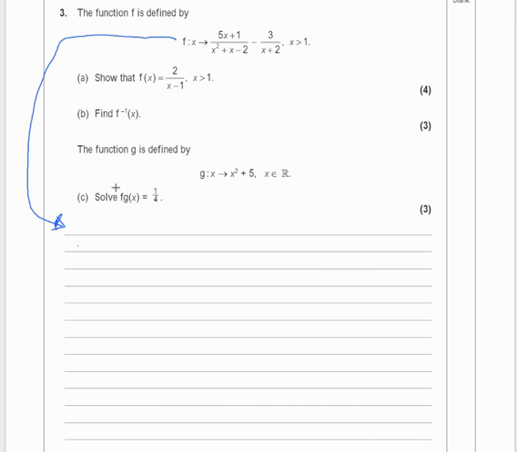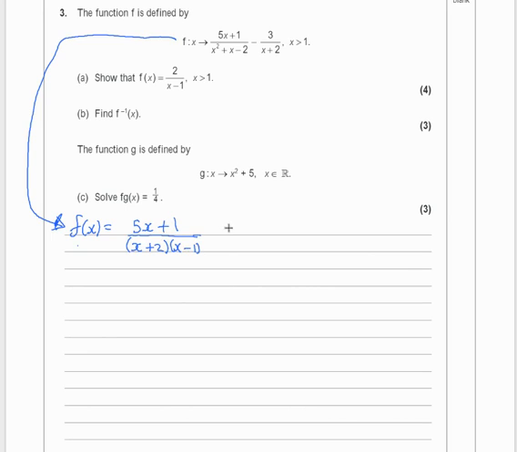What I'm going to do is rewrite this and say f of x equals 5x plus 1 over, and I'm going to factorize the bottom. So the x squared plus x minus 2 can factorize to x plus 2 multiplied by x minus 1.